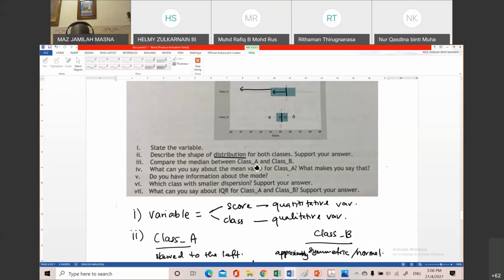Compare the median between class A and class B. So what can you say about the median of class A and class B? This is your Q2, and this is your Q2 for class B. What can you comment on the median of class A and class B?